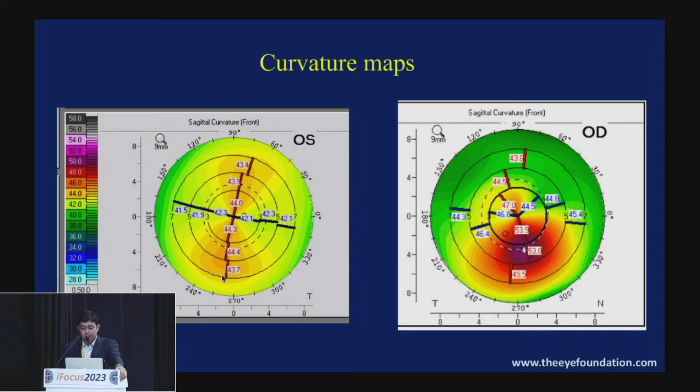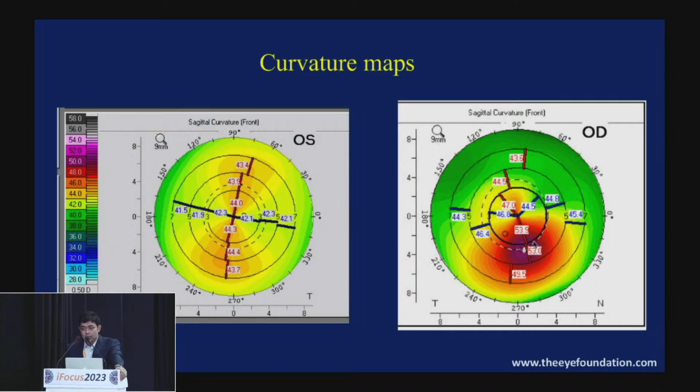Curvature map, like I mentioned to you, an IS asymmetry, as you can see here, an inferior steepening. This is suggestive of a patient with ectasia or keratoconus, whereas you need to isolate them from steep corneas. In steep corneas, you may have a value of 49 or 50, but if the cornea is perfectly symmetric, that means it's just high astigmatism and it does not indicate ectasia itself.